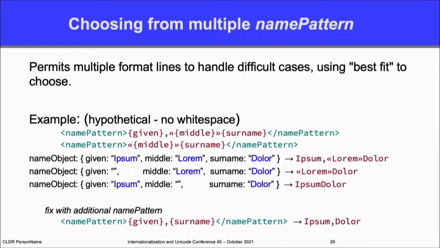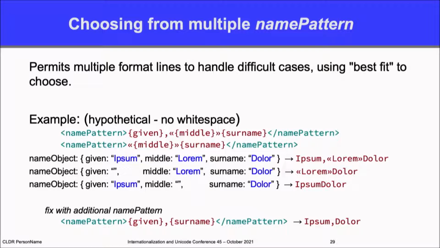So if I have the given, middle, surname all populated, then I would go ahead and choose the first format, and I would get the ipsum lorem dolor that I have. If the given is missing, I just have the middle, then it's not populated, so I would drop down to the second name format, which allows me to have properly looking formats.